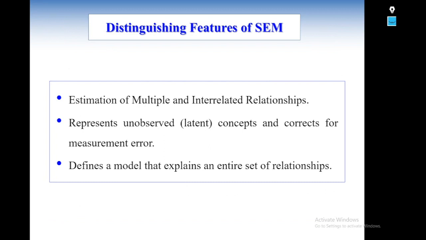Then the distinguishing features: estimate of multiple and interrelated relationships, which means we can estimate a large number of equations simultaneously. Second, it represents unobserved concepts and corrects for measurement error, and defines a model that explains an entire set of relationships of multiple variables.